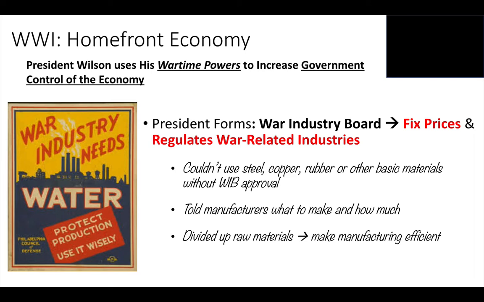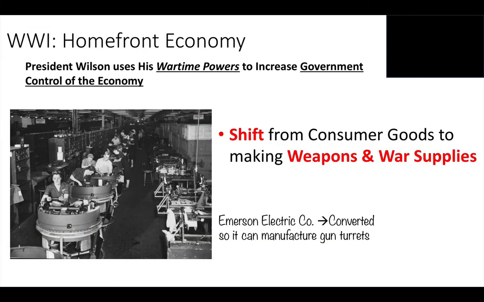Okay, so if you want to build a bicycle or you want to build a steel building, you can't do it during war. The Army gets first dibs. You must use less of that. It tells manufacturers what to make and how much. And again, it is the government that's going to decide who gets what raw materials, because most of the raw materials have to go to the Army first.